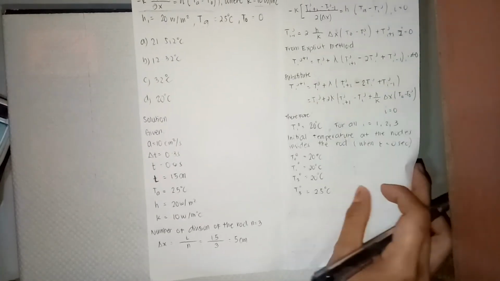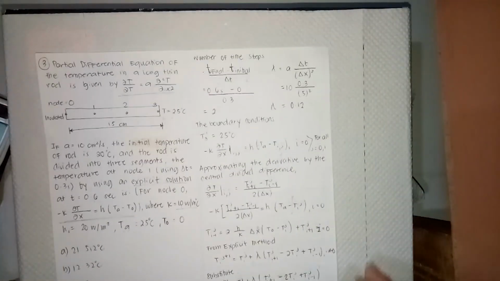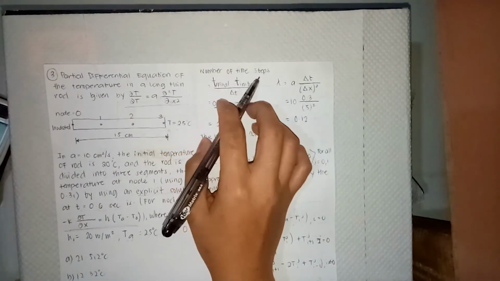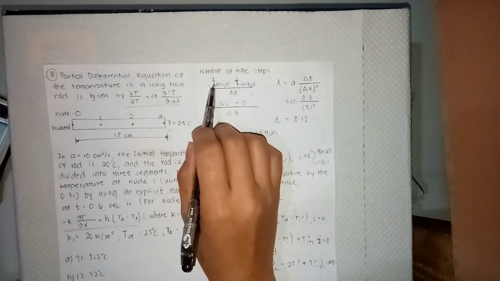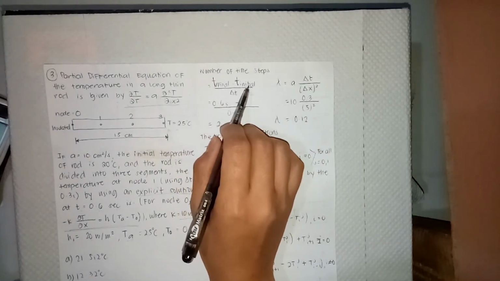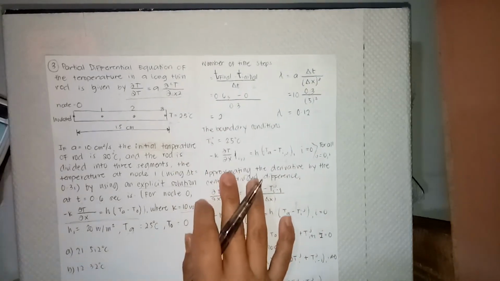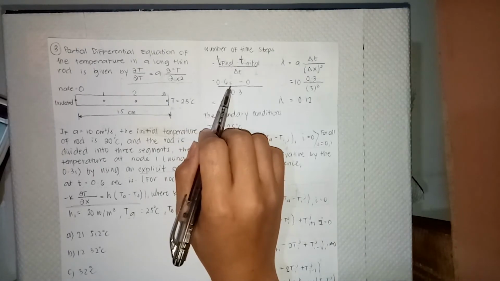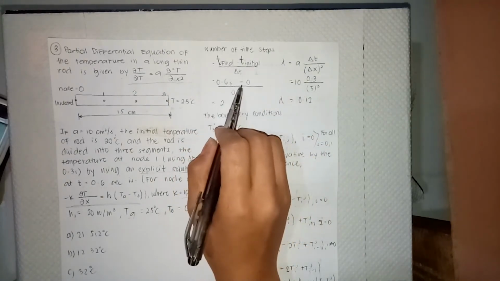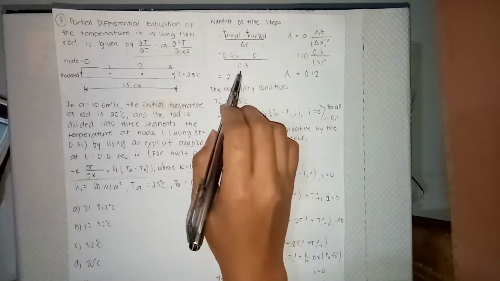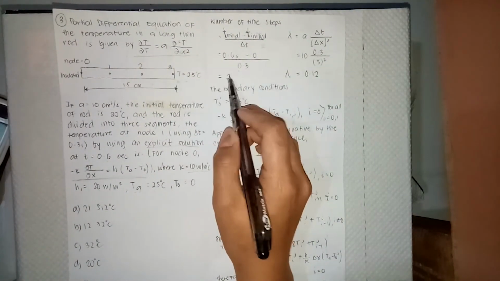So we will get 5 centimeters. Now let's proceed to the number of time steps. The formula is final time minus initial time over delta t. Our final time is 0.6 and our initial time is 0, and our delta t is 0.3. So we will get the answer 2.